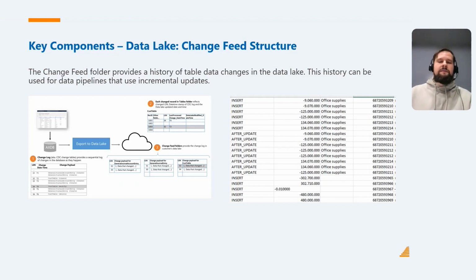So it has the exact same structure as the full push, but it also introduces a few new fields so that it's able to tell you that there was an update, an insert, or a delete, and it's also able to tell you when that happened and which record it is linked to. So you have incremental using this change feed structure, and then you have full push, which is done using the full file.